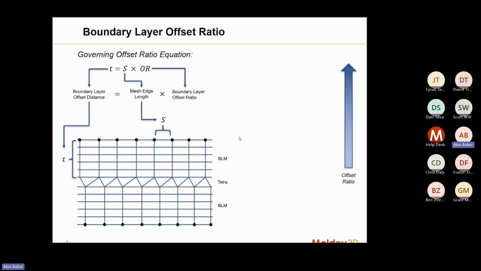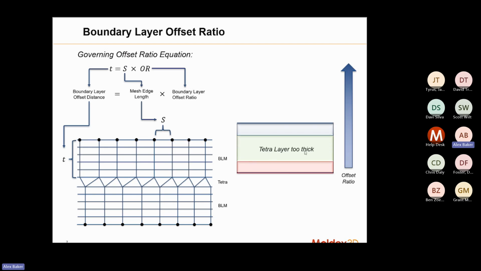just as an example. But visually, what that looks like, if I have a low offset ratio, that means I have a low boundary layer offset or a low thickness. These are proportional to one another. If I have a low boundary layer thickness, then the extra volume has to be compensated by the tetra layer.